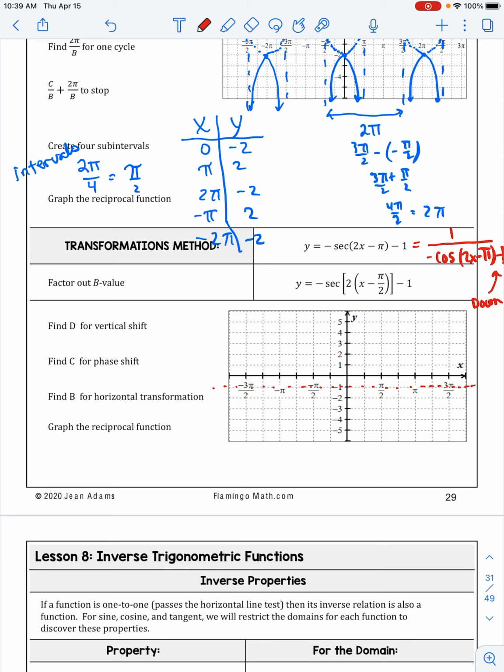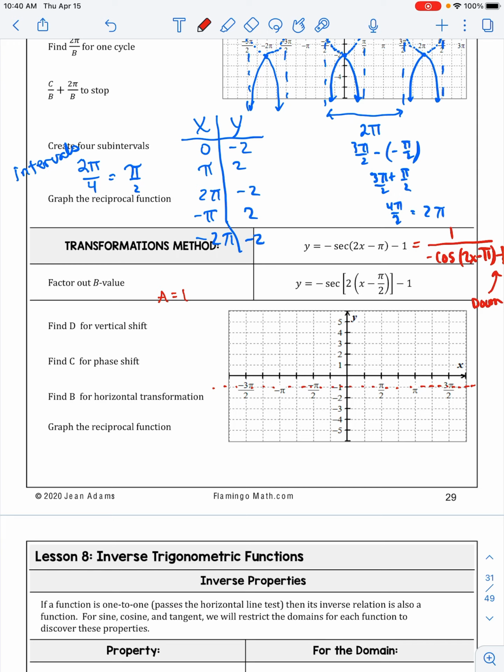So the first thing we need to do when we see this is factor out that b value. You see that they did that. They factored out the 2, and when you factor something, it's like division by 2. So your a is 1, right?